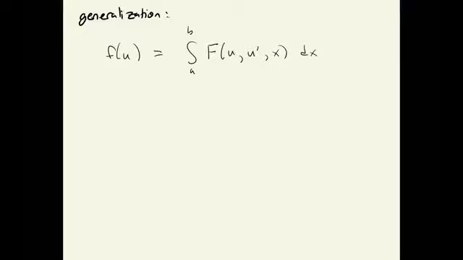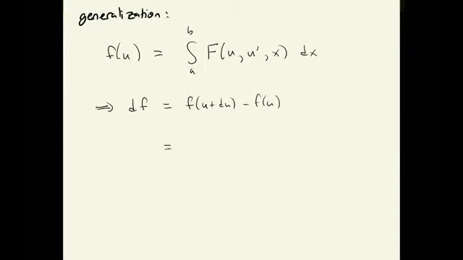This is a functional. And then what is df? So df is f of u plus du minus f of u.